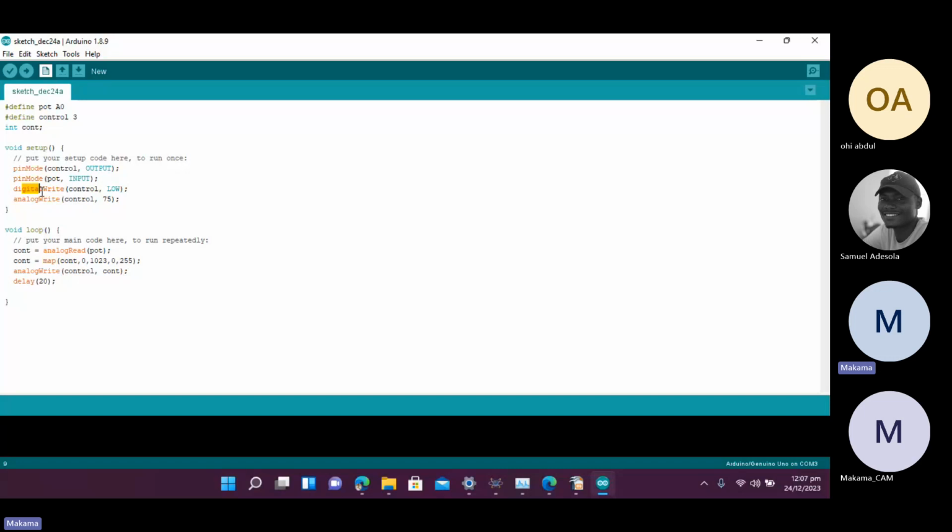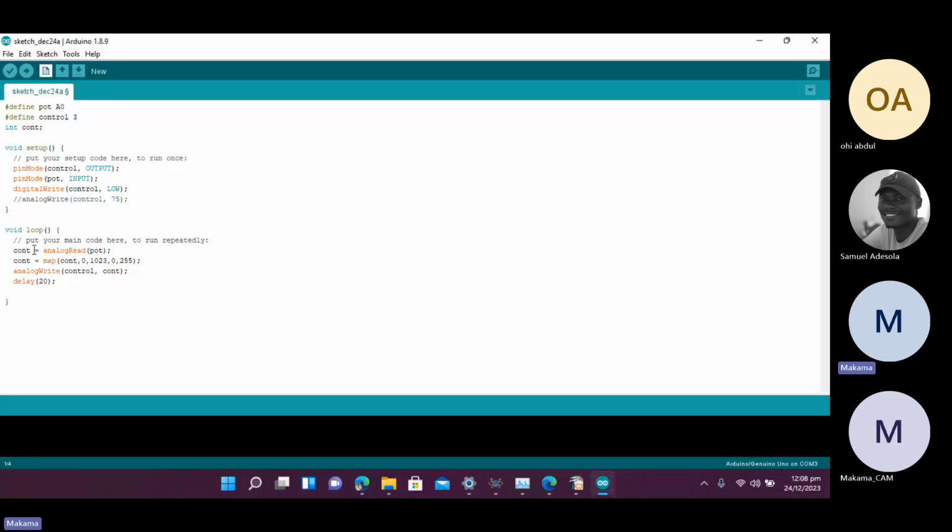I digital write my control pin to be low initially. I also analog write my control pin to be 75. Okay, this was when I was testing it, so I will just remove it. Don't mind this line of code.